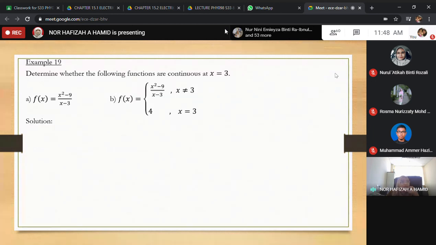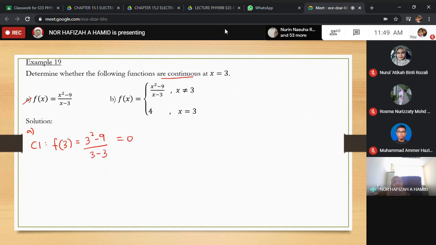So you can refer to example 19. Okay, you need to determine whether the following functions are continuous at x equal to 3. For this one I will only take example A. For B you can refer to the recorded video. Okay, so for A, you want to determine whether the function is continuous, so you have to check the 3 conditions. First, I check condition 1, for f(c). c is 3. So substitute f(3) into the function.